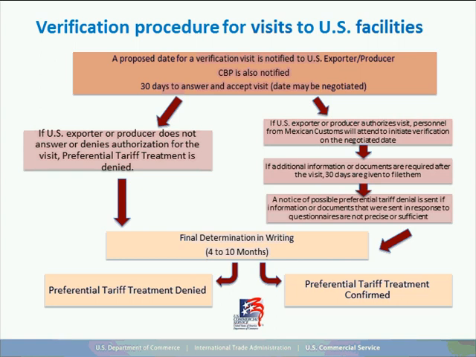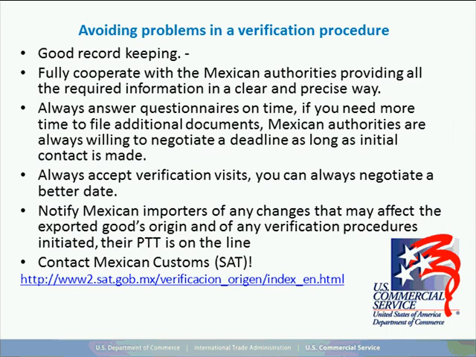And the same time frame applies, 4 to 10 months for a final determination in writing, which can deny preferential tariff treatment or confirm preferential tariff treatment. So let's see the consequences now. Well, actually, the consequences are in slide 21.